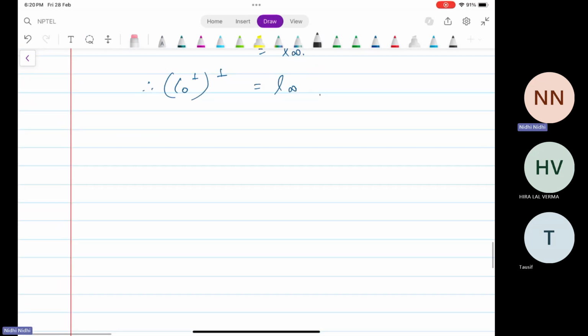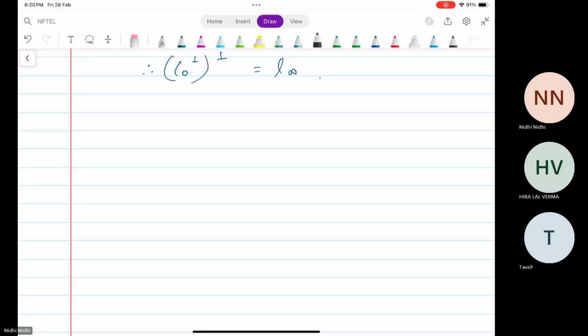For the record, let me write it again. So question number 3. Let V be equal to L1 and V star be equal to L infinity. Consider c naught naught subset of L infinity, which is V star.